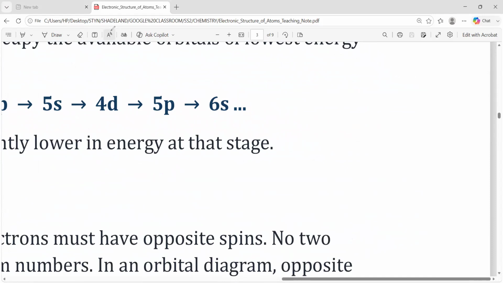If you understand this chart very well, you can use it to write the electronic configuration of an element with atomic number 118. In fact, you can even write for 150, for an element that is not in existence yet. So this is the order.